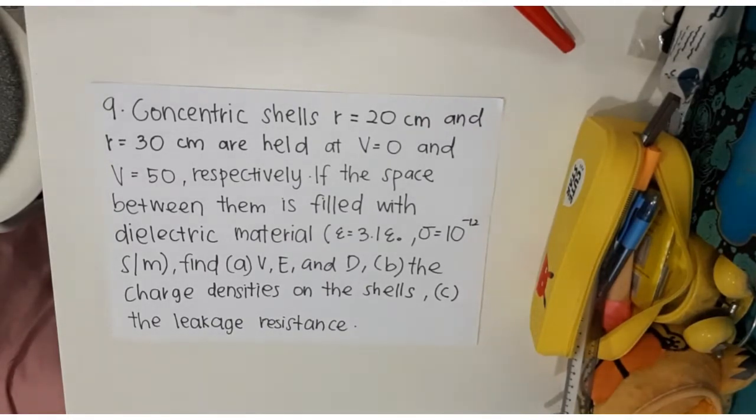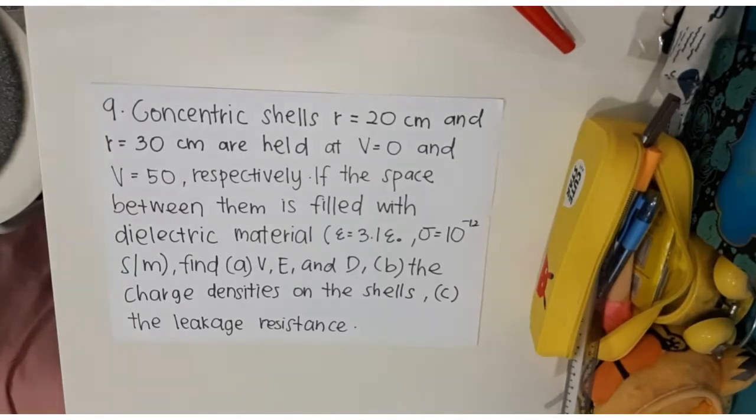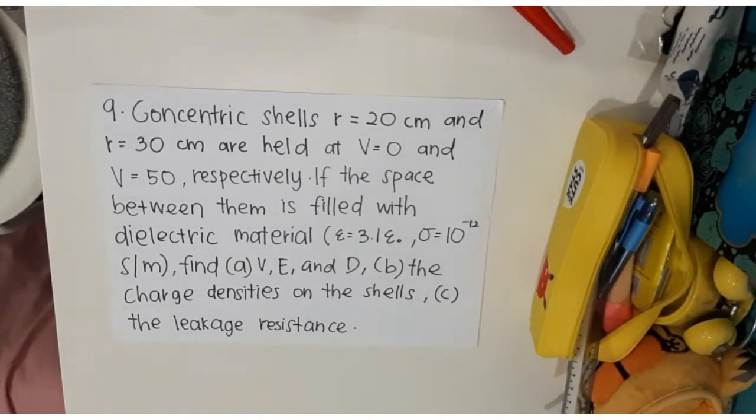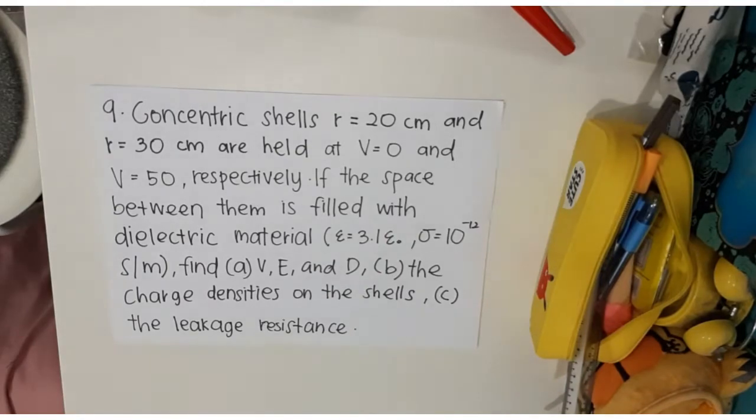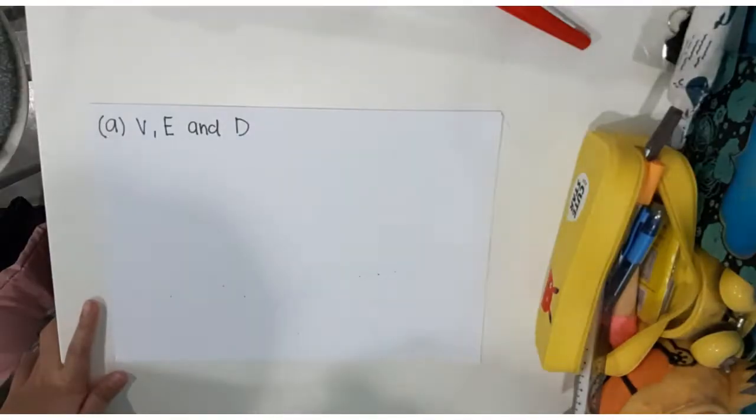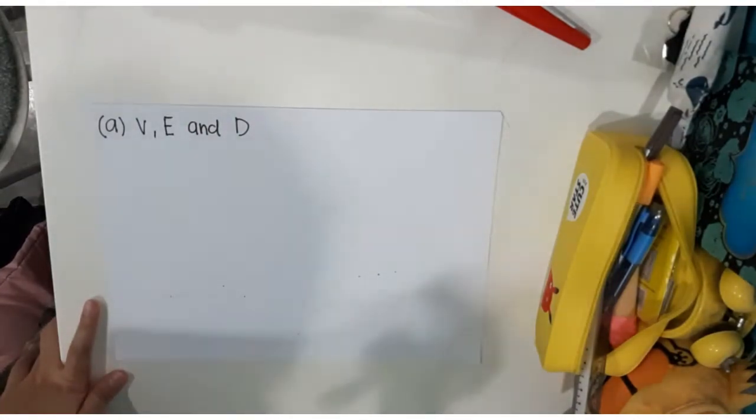If the space between them is filled with dielectric material, permittivity equal to 3.1 permittivity naught and sigma equal to 10 to the power of negative 12, find A, V, E, and D, B, the charge densities on the shells, and C, the leakage resistance. For question A, we need to find V, E, and D.